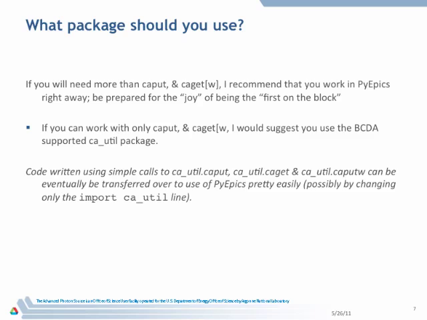I recognize this is a moving target. Six months from now, this may be different. But as I said before, if you only use these routines, it's going to be pretty easy to move from CAUtil to PyEpics when or if that happens. Okay.